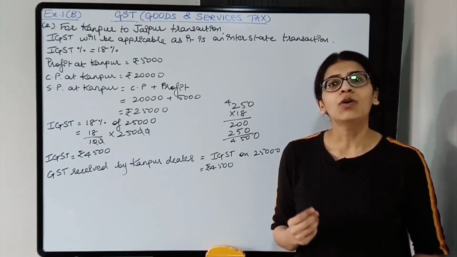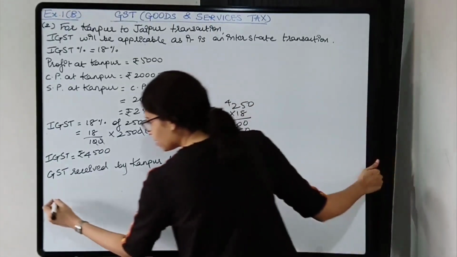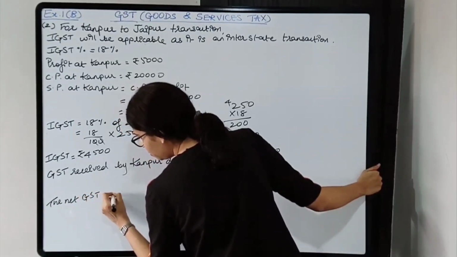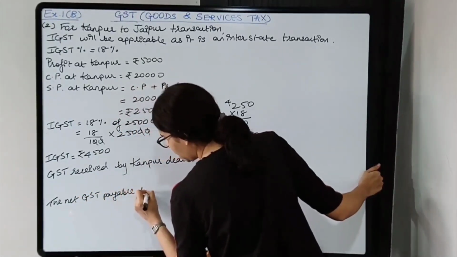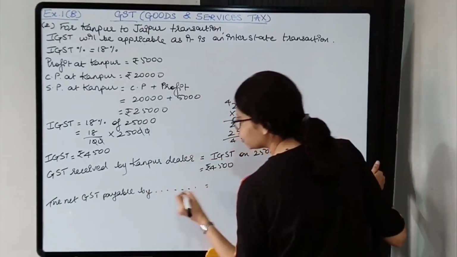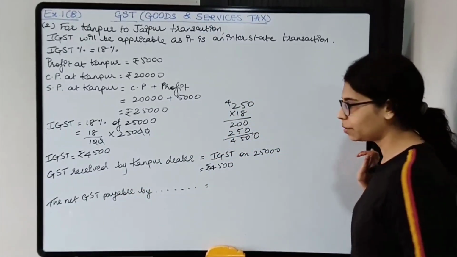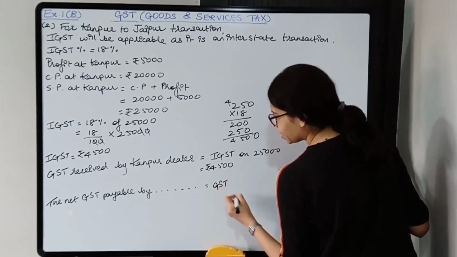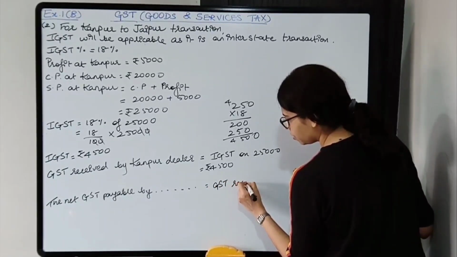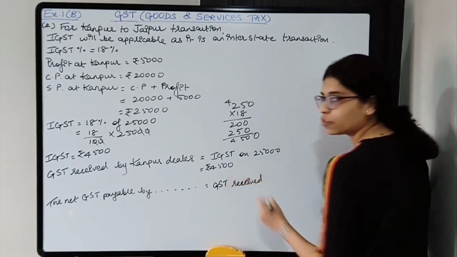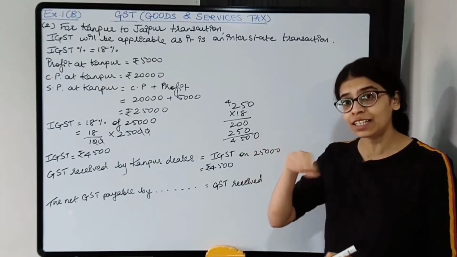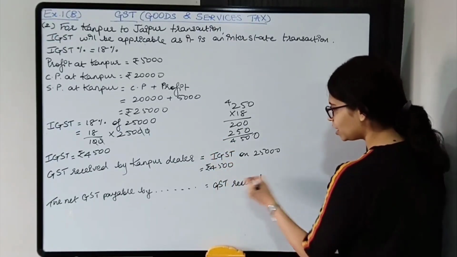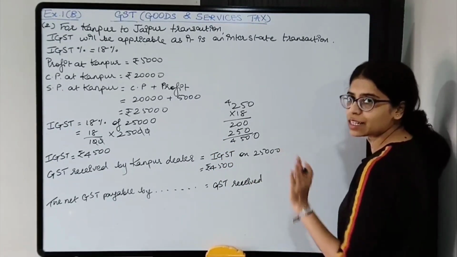Okay, now the net GST. So the net GST payable by Kanpur dealer. I'm not writing the full thing, students, you have to write it. Okay, net GST payable by Kanpur dealer is equal to GST received. GST received is more over here, it is 4,500, and the GST that he paid was 3,600, right? So GST received is more, so more minus less always.